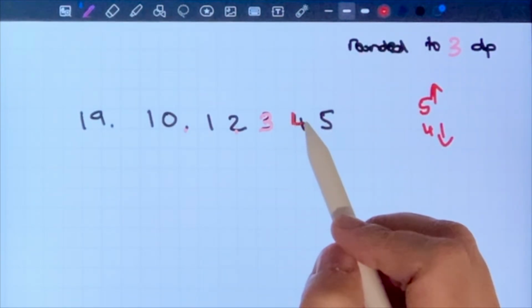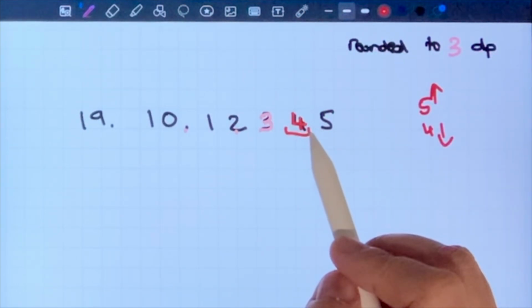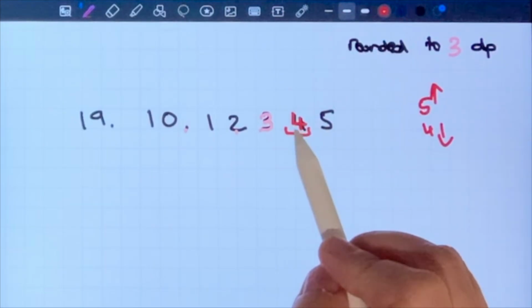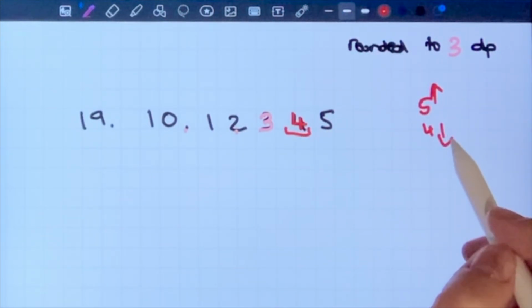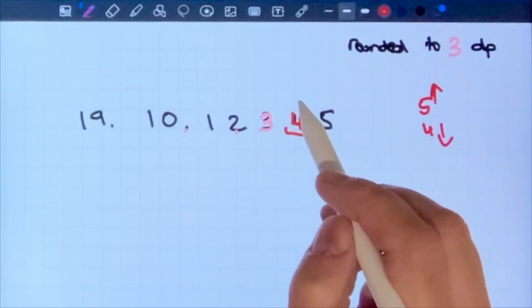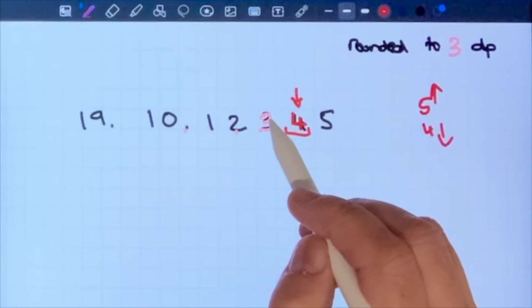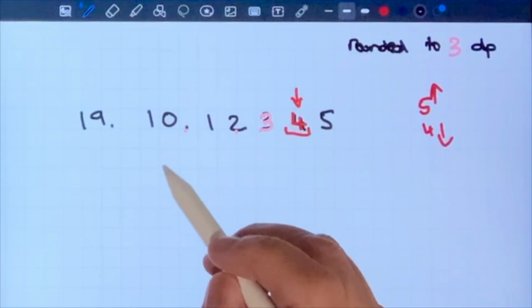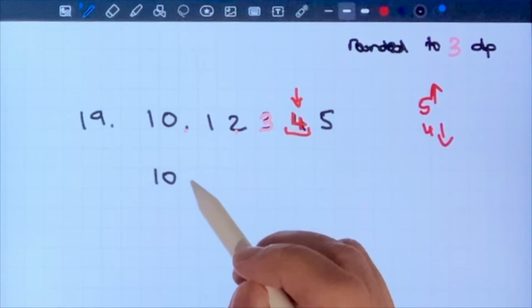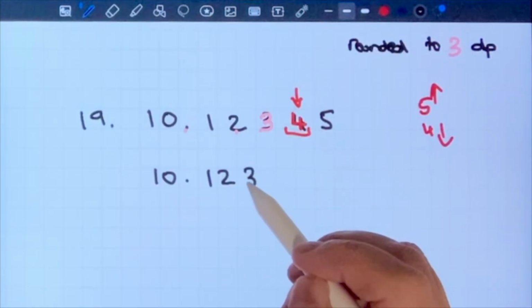And this is the critical digit that determines which way it's going to go. And because it's a 4, it's going to get rounded down. So that means that this is going to remain a 3, and my answer will be 10.123.